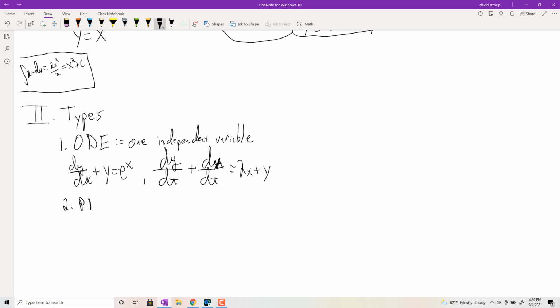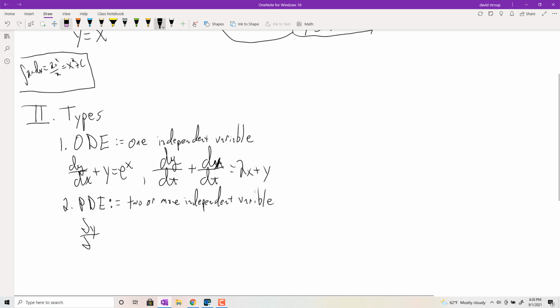The other type of differential equations, which you'll hopefully study later on, are PDEs, partial differential equations, and in these cases you'll have two or more independent variables. And the big red flag is that you'll see the weird curly d instead of our usual d.